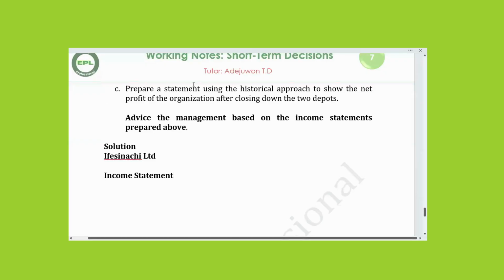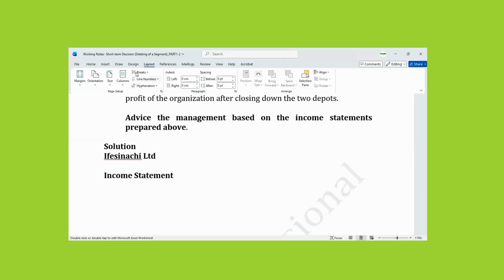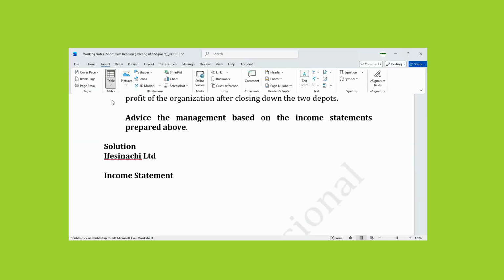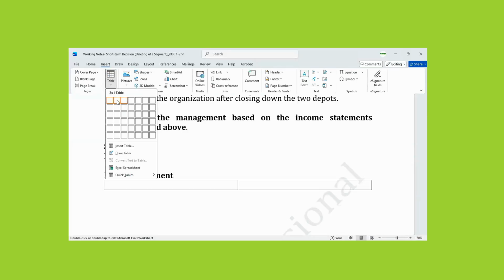Therefore, I will create my table for this. I have 3 different segments, depots: Lagos, Benin, Kaduna, then total for the company as a whole.